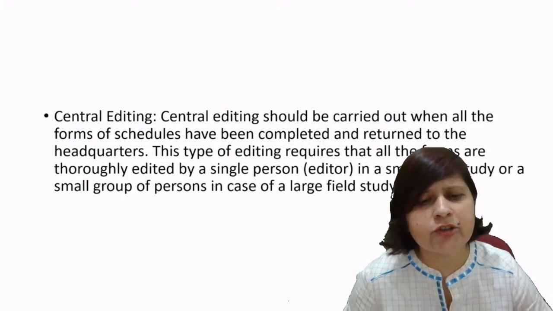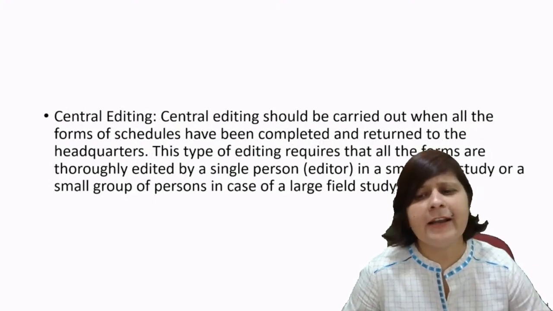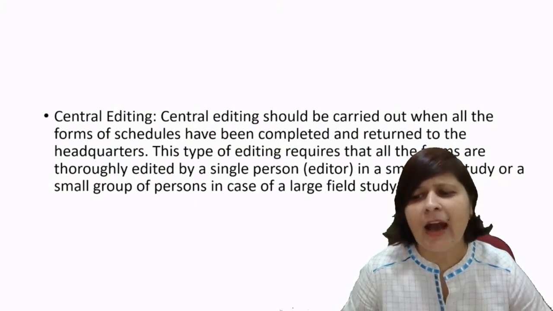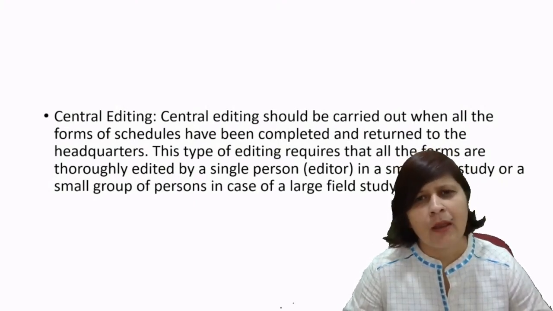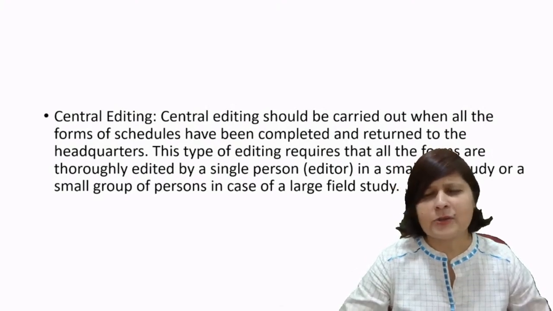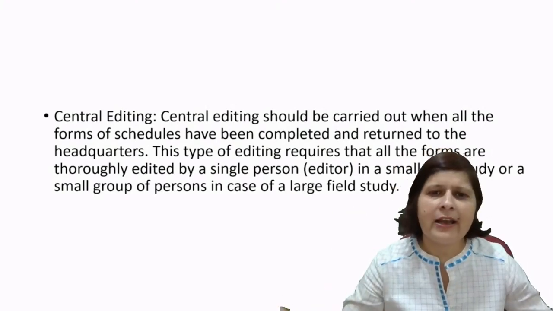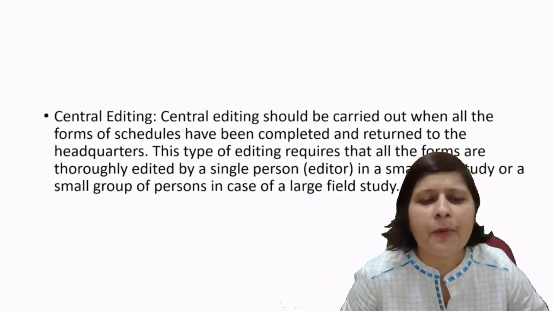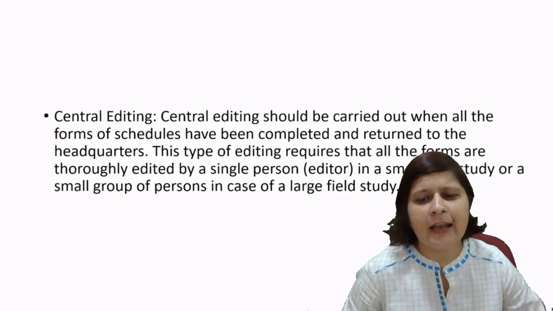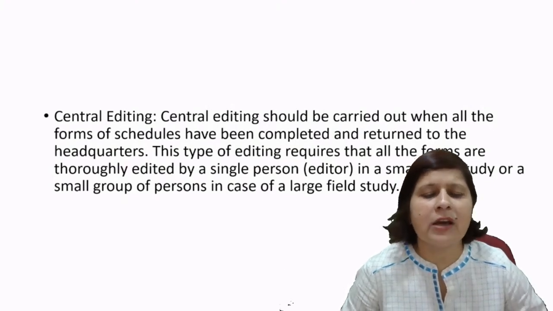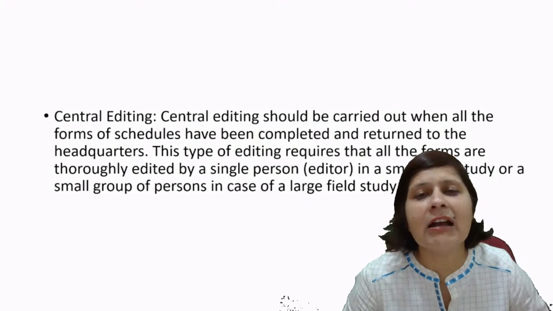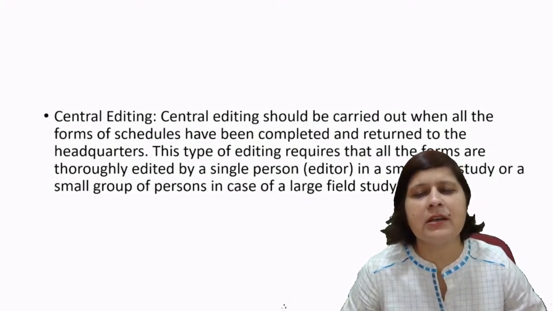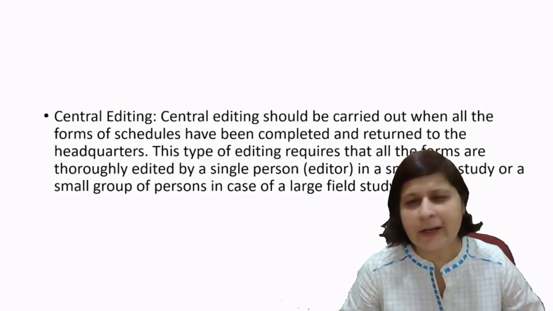Next is central editing. Central editing is carried out when all the forms or schedules have been completed and returned to the headquarters. When all the data collected from the various fields has been returned to the headquarters, this type of central editing requires that all forms are thoroughly edited by a single person in a small field study, or by a small group of persons in the case of a large field study.